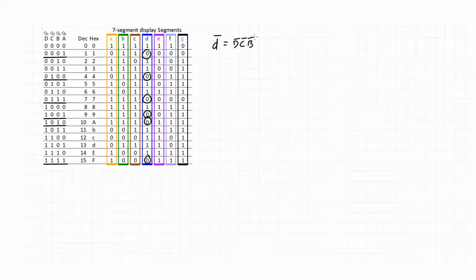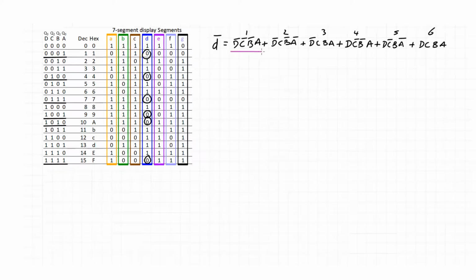I'll just write down the Boolean expressions for these 6 terms. The last one is DCB, A all ANDed.